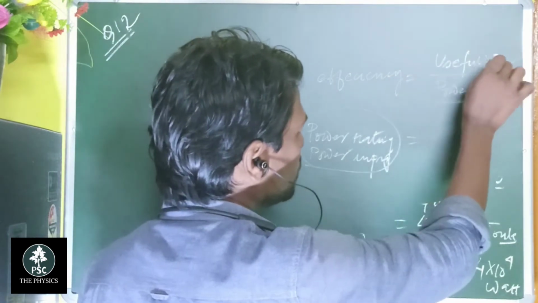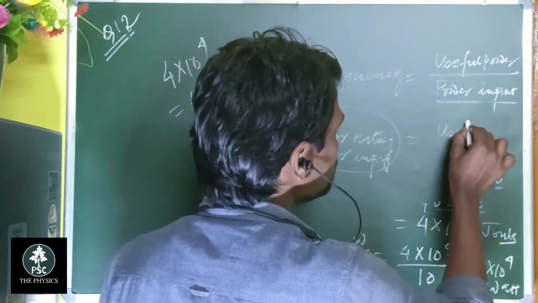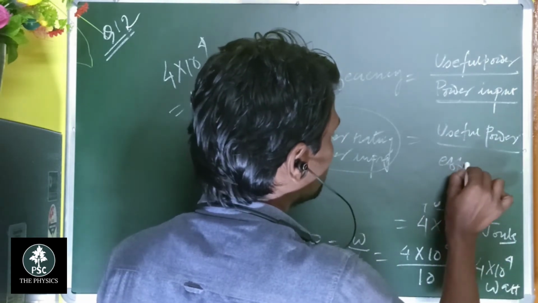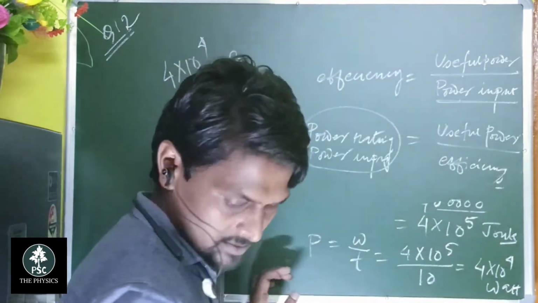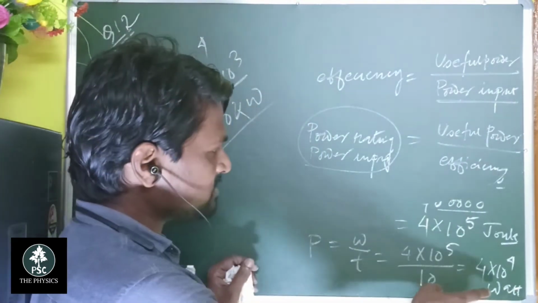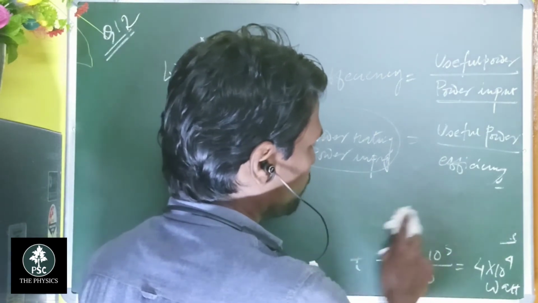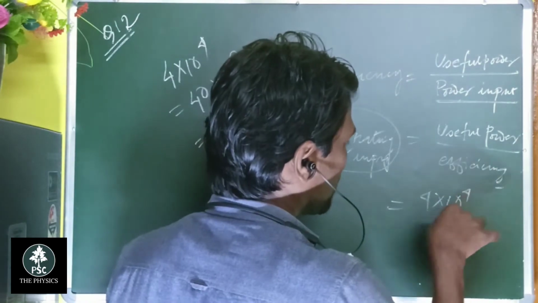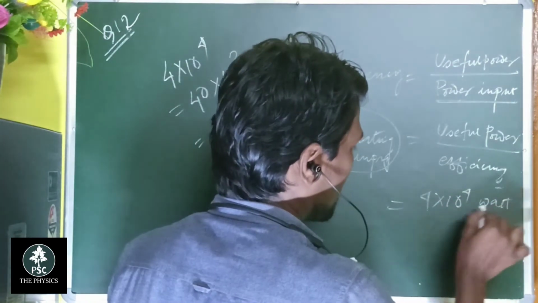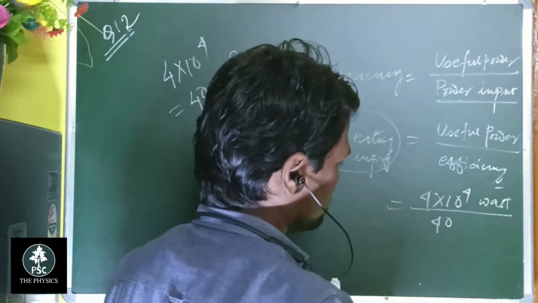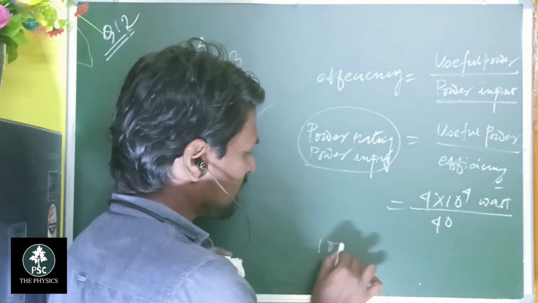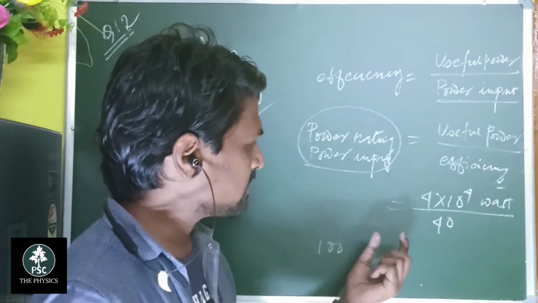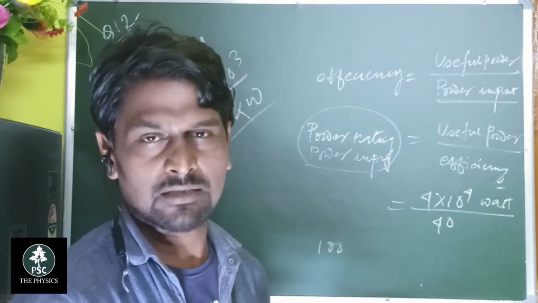So the power rating, that is the power input, is equal to the useful power by the efficiency. The useful power is 4 into 10 to the power of 4 watt, and the efficiency is 40%. So if you give 100 kilowatt, it can use 40 as useful power, that is 40%.